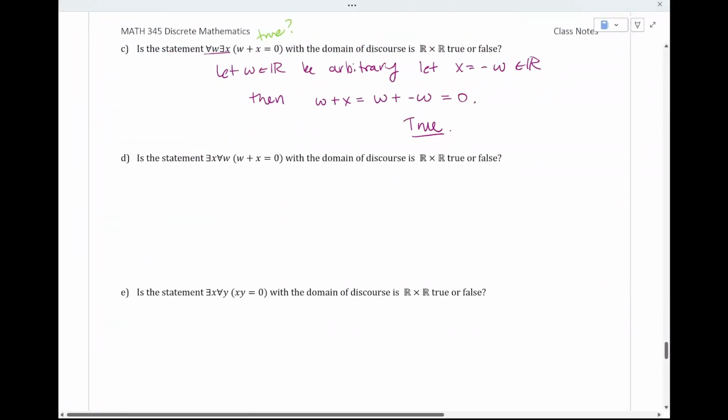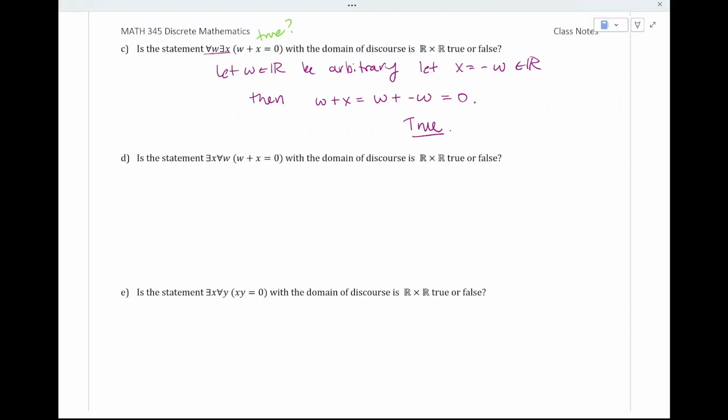Okay, next one, D. Is the statement there exists an x such that for all w, w plus x is equal to 0? This is a similar statement to last time, except we've changed the order of there exists and for every.